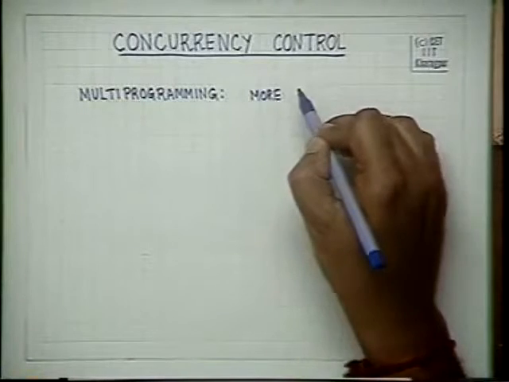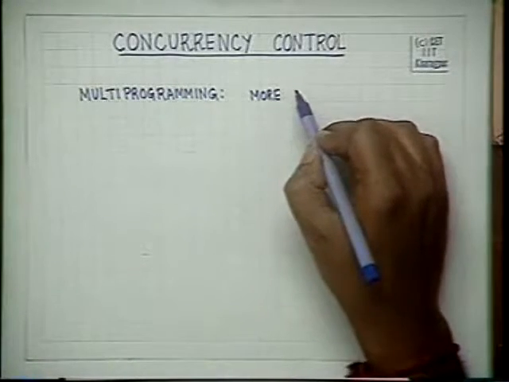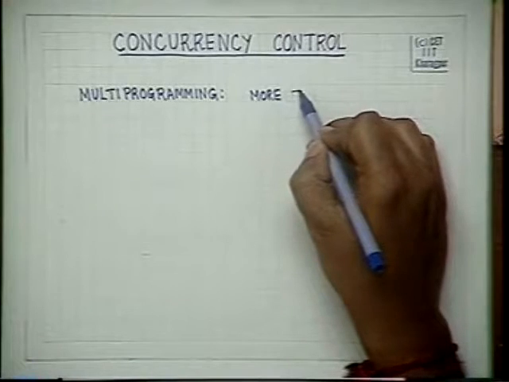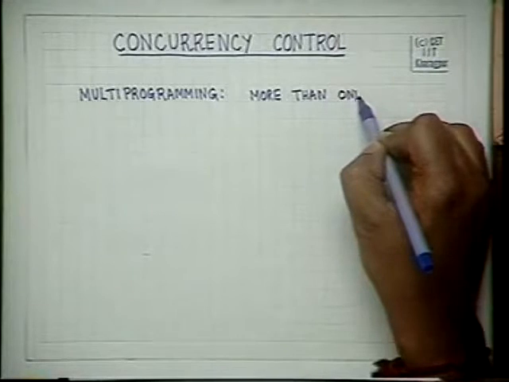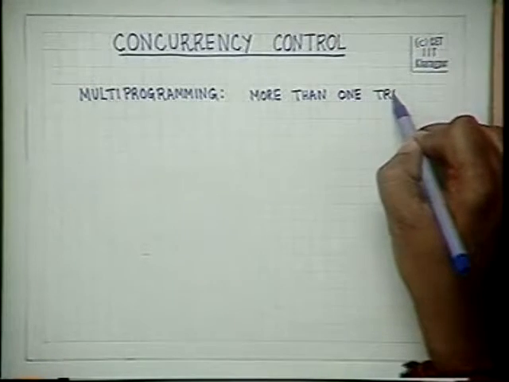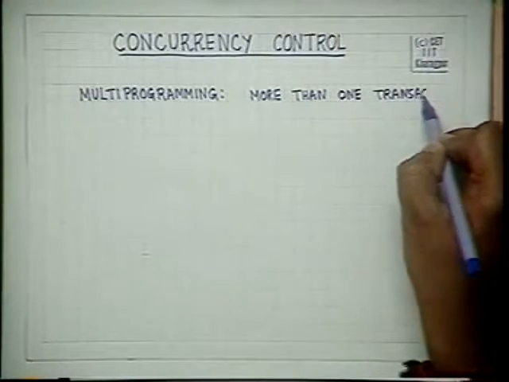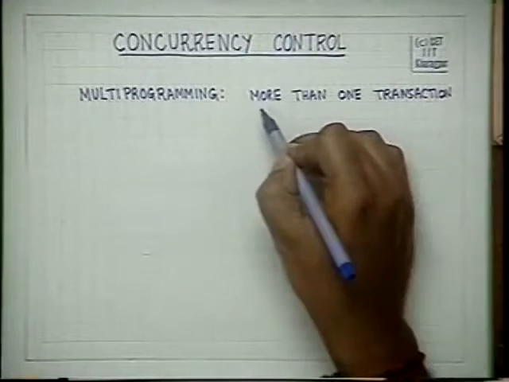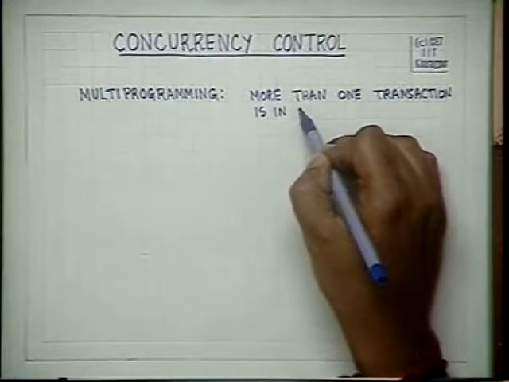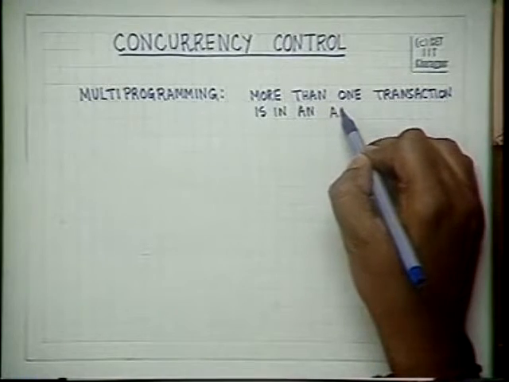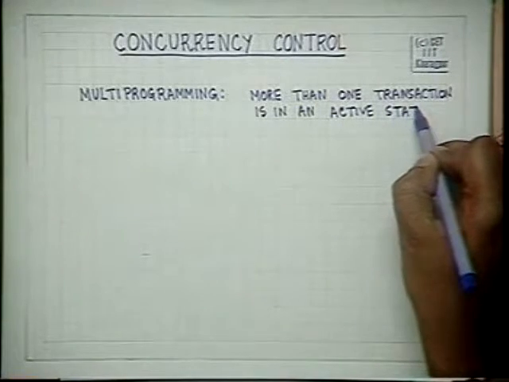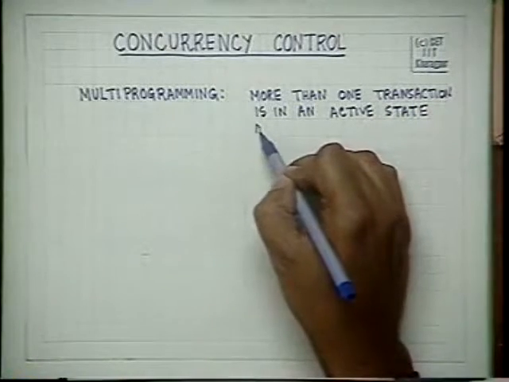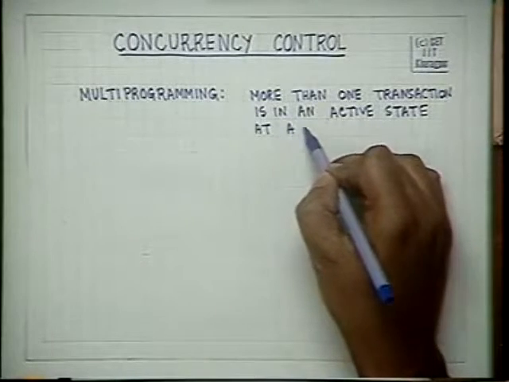So, in terms of database terminology, we shall say that more than one transaction is in an active state at a point of time.